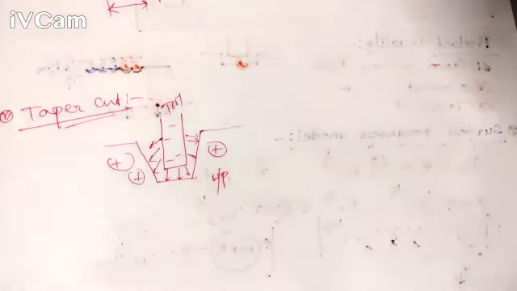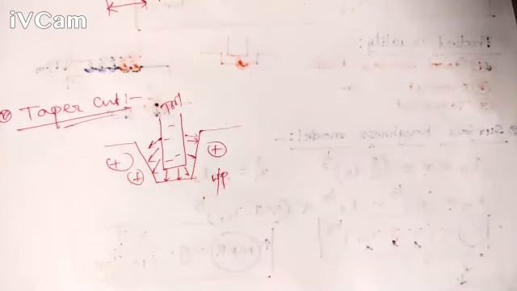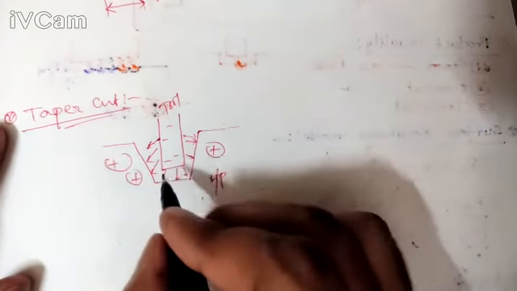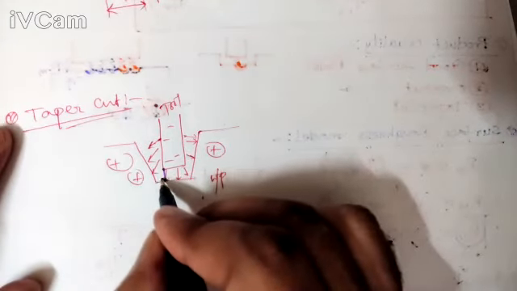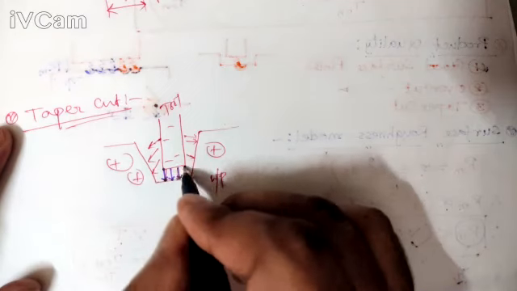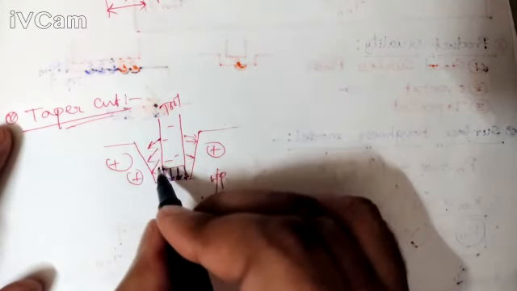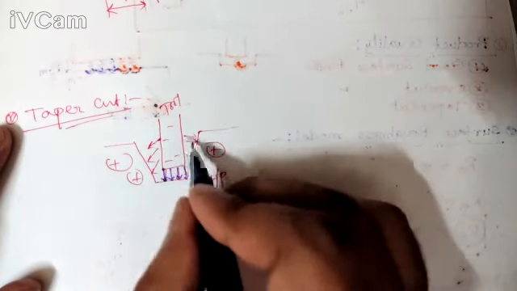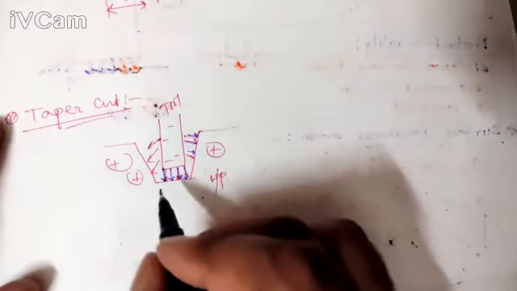Then how to prevent this overcut? Is there any option available with us? My answer is yes. If we can restrict the electrons to flow only in this direction, and somehow prevent the electrons from flowing in all the surrounding directions, then our goal will be achieved.